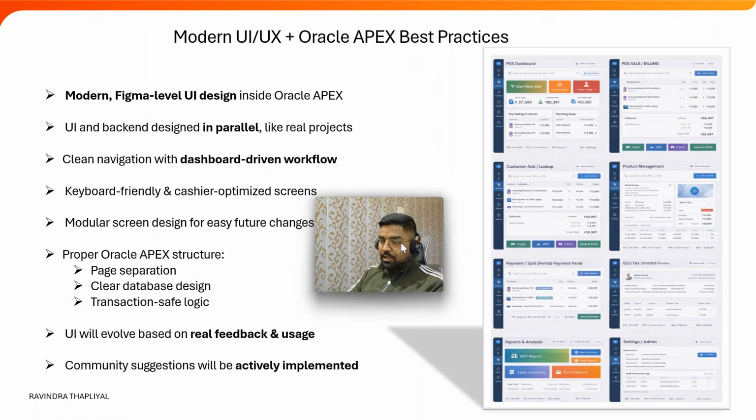Then we have page separation, clear database design, transaction safe. UI will evolve based on real feedback and usage. Once we have the application ready, you can understand UI is not something related to the backend. Backend is a task we can complete 100%, but UI is not something we can complete 100%.